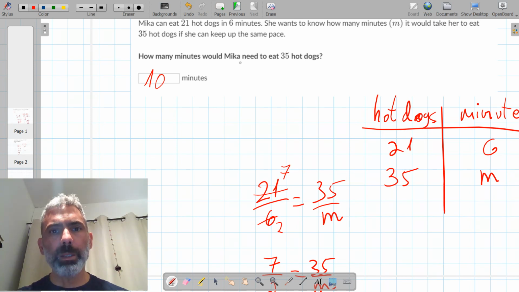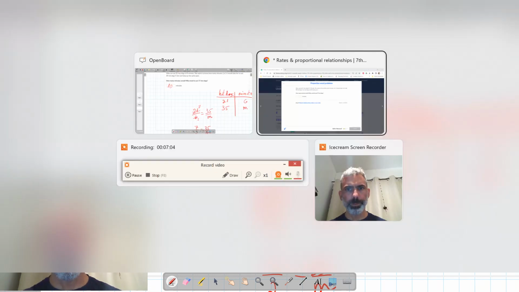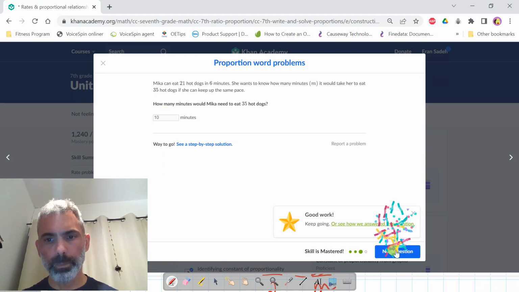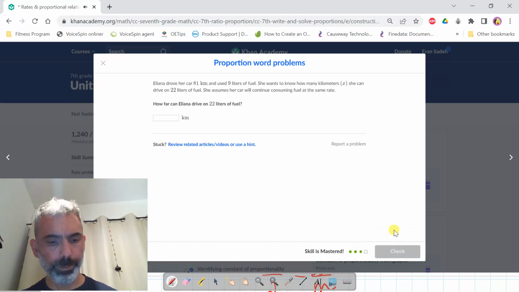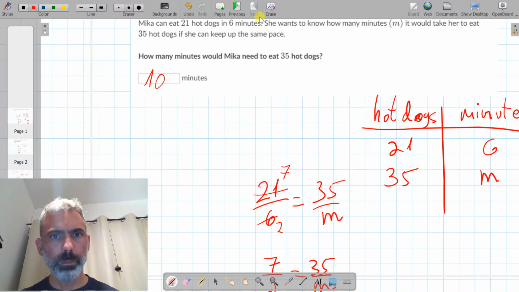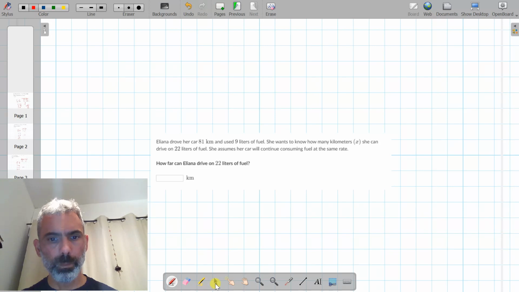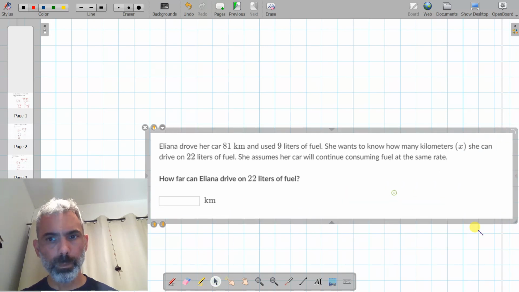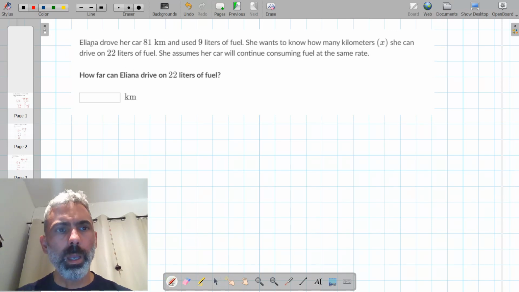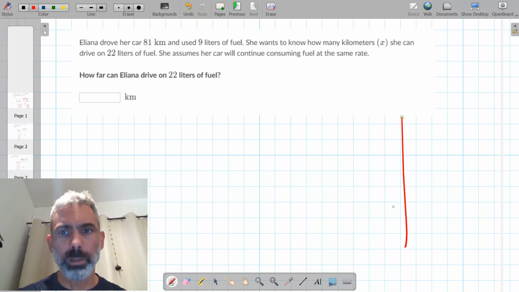It will take Mika 10 minutes to eat 35 hot dogs. Eliana drove her car 81 kilometers.